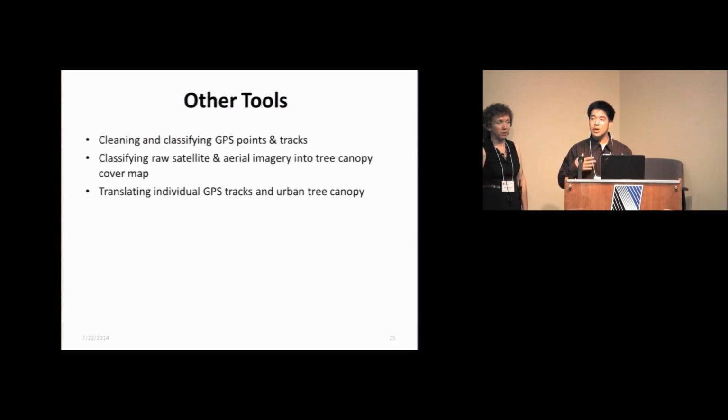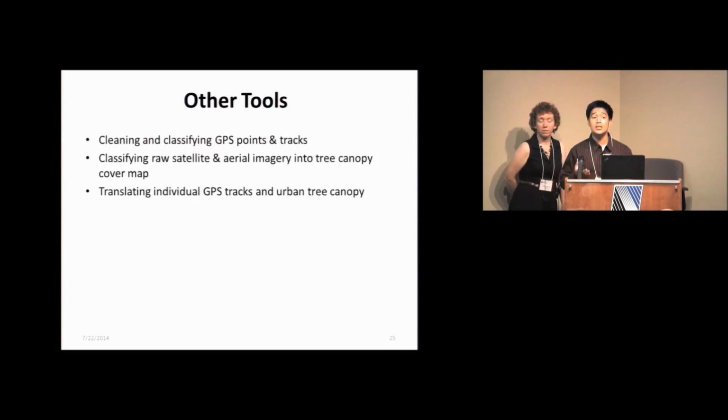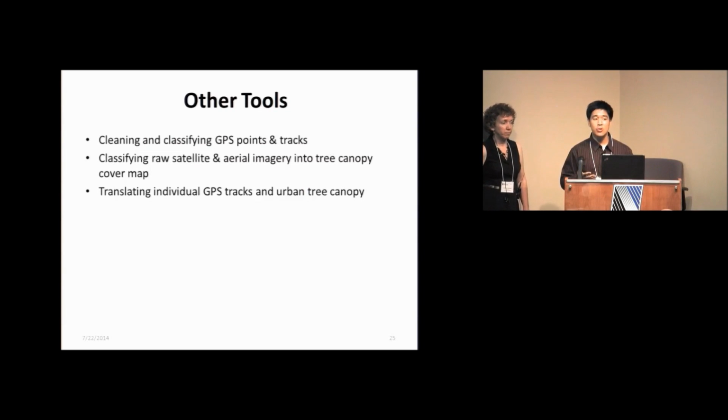So it requires a lot of tedious data cleaning and classifying. They have to look at the satellite image and translate it to see how dense the green infrastructure is, how land cover would affect their activities, and translate all these tracts and urban tree canopy together to find the access score and see how it works.